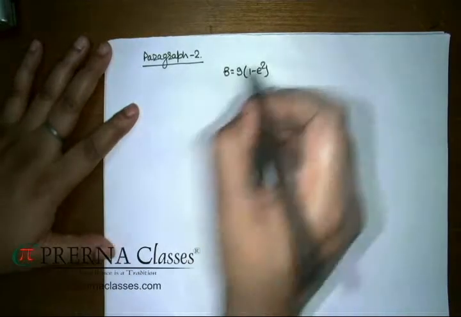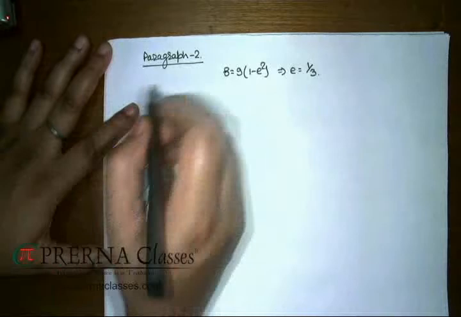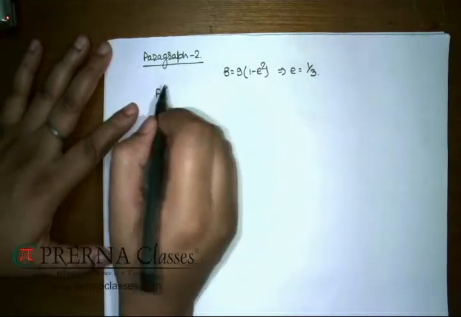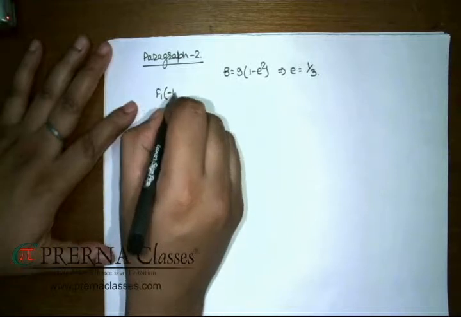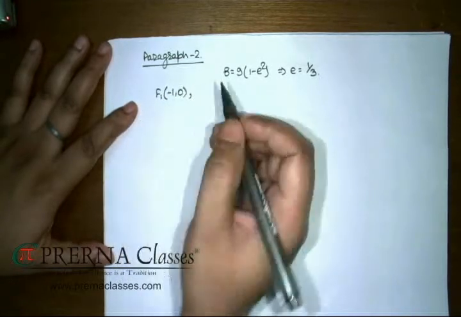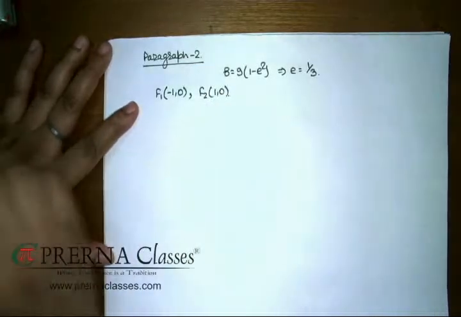Next problem was related with conic section. There you have one ellipse given with this relation between a square, b square and e square. Clearly you can check eccentricity of that ellipse turns out to be 1/3. Hence the foci F1 with negative abscissa turns out to be (-1, 0), as a is 3, and F2 as (1, 0).